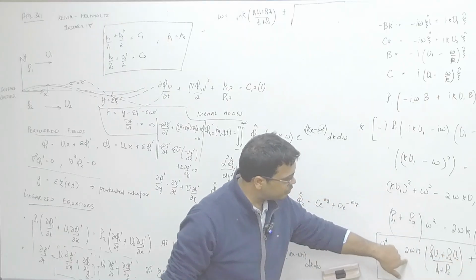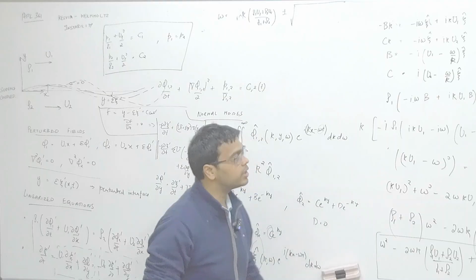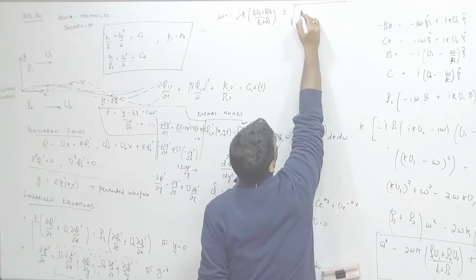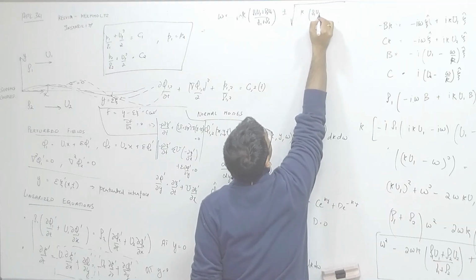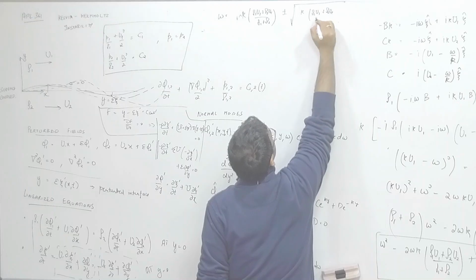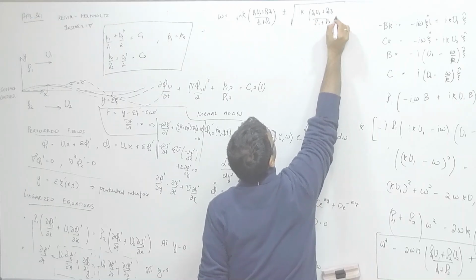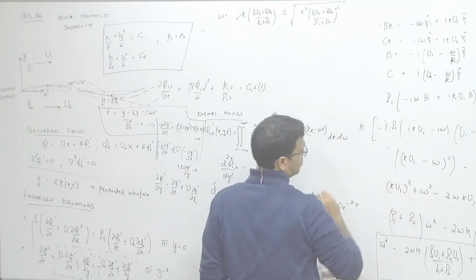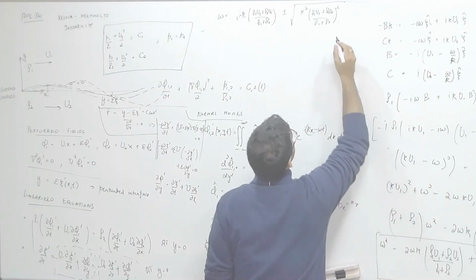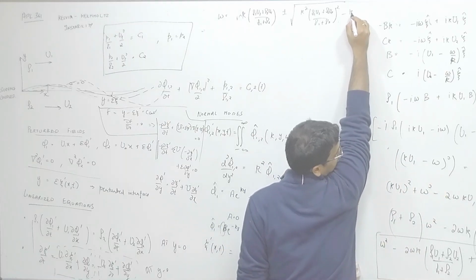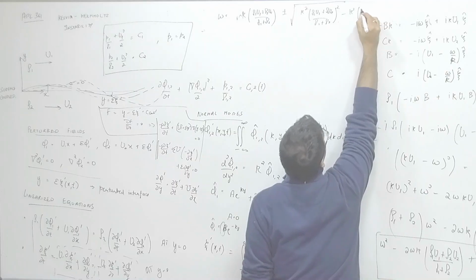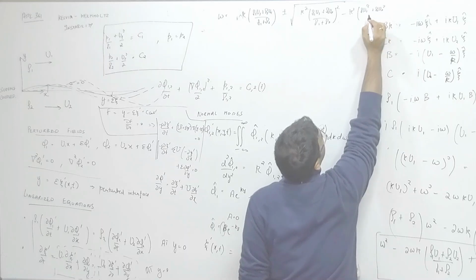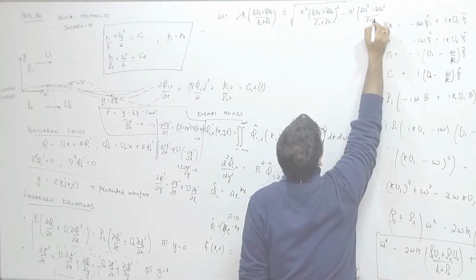B square also has a 4, this also has a 4, there is a denominator 2, so let us forget about that. So then we have k times (rho 1 u1 plus rho 2 u2) by (rho 1 plus rho 2) whole square, k square also, minus 4ac of this. So minus k square (rho 1 u1 square plus rho 2 u2 square) by (rho 1 plus rho 2).